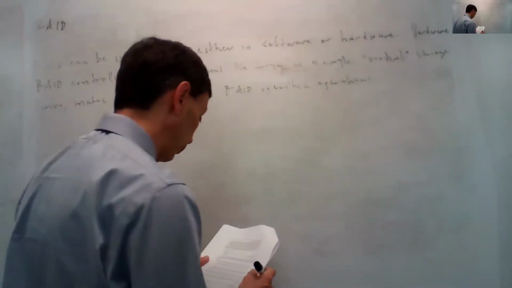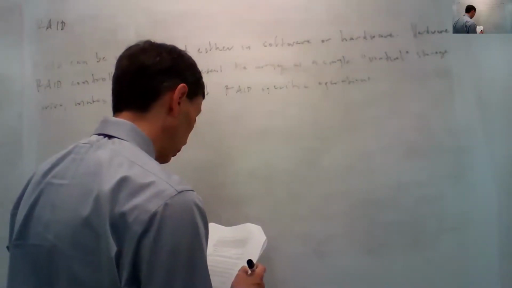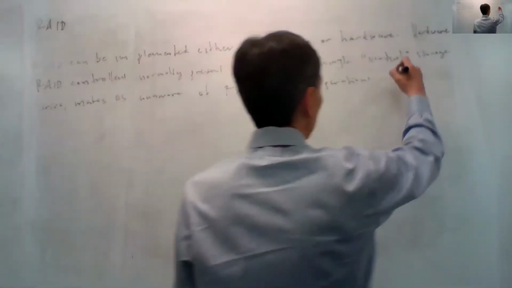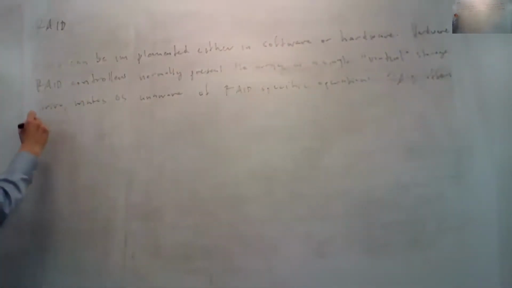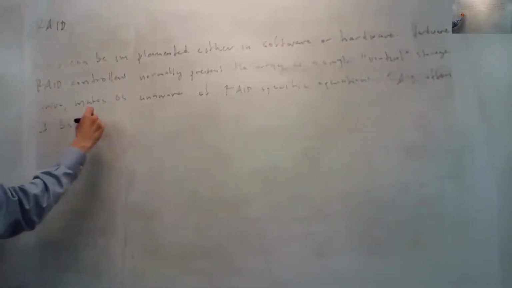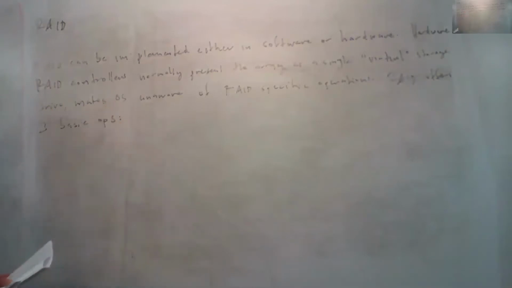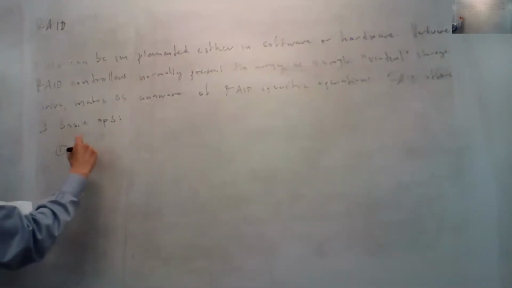So RAID offers 3 basic operations that would be things that we care about, different from whatever we get for a normal drive. One is mirroring.